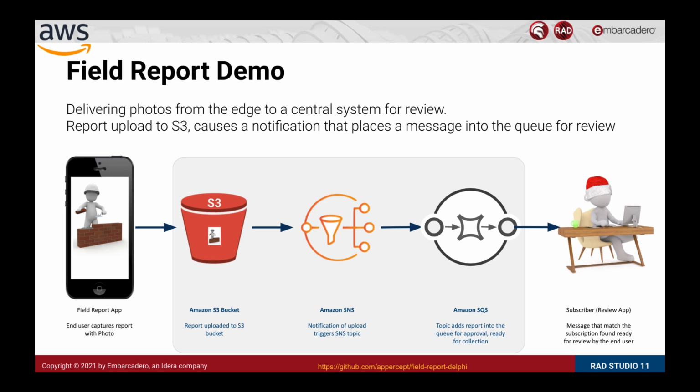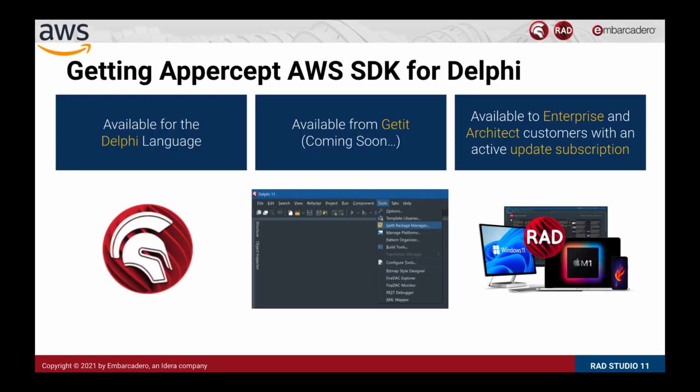In terms of getting hold of the Appercept AWS SDK for Delphi, it's going to be made available through GetIt very soon. It's available for the Delphi language only, because of some of the language features being used in there. It will be available for customers using Enterprise and Architect editions who have an active update subscription.